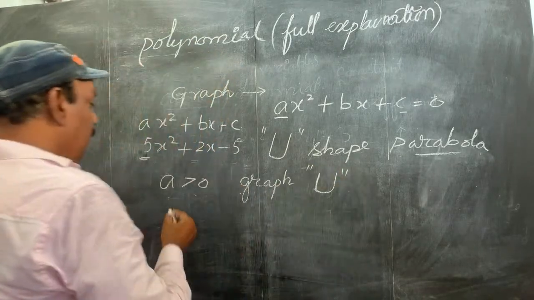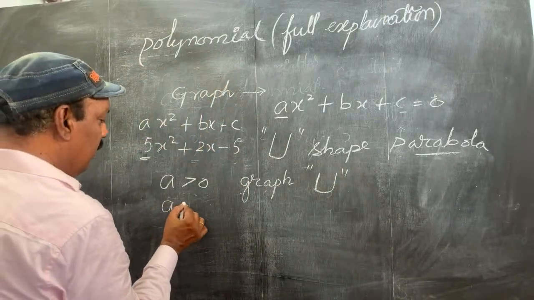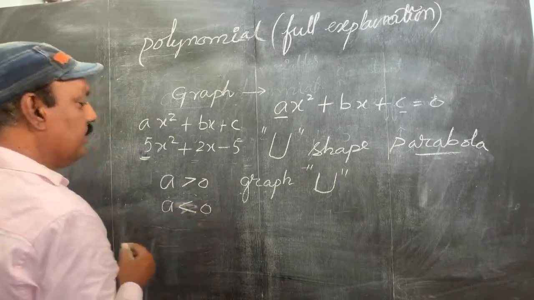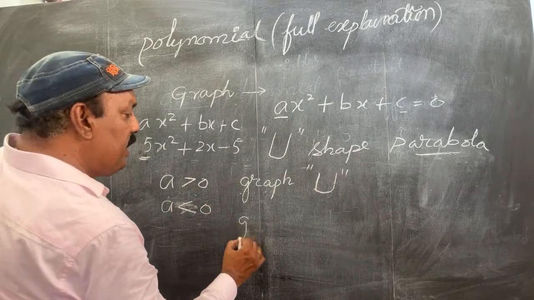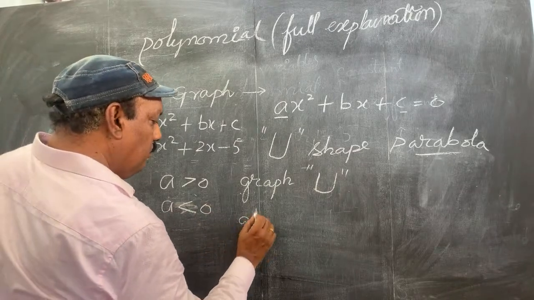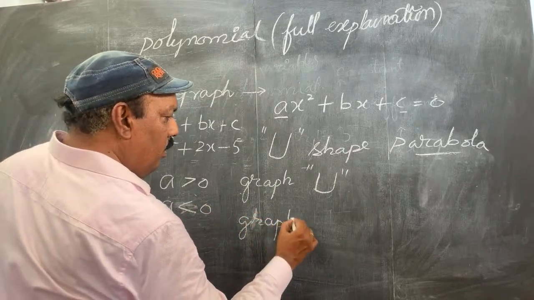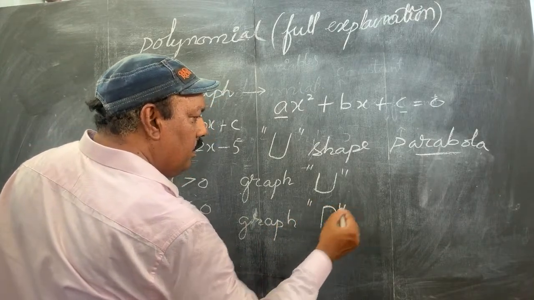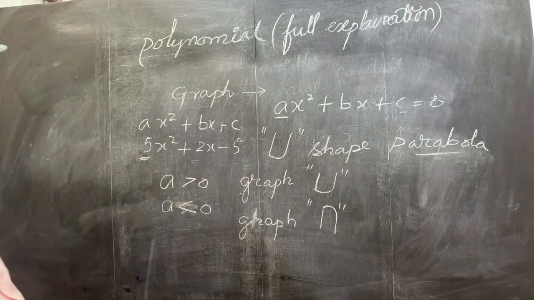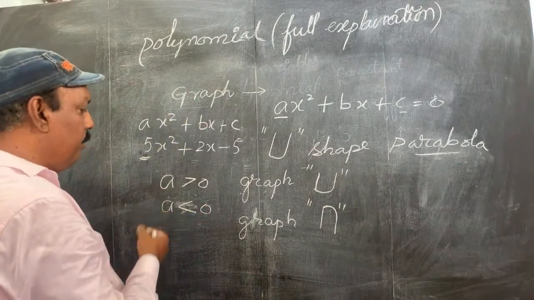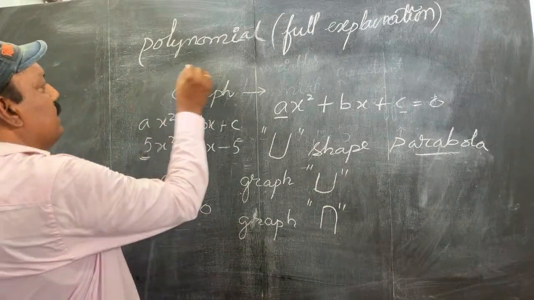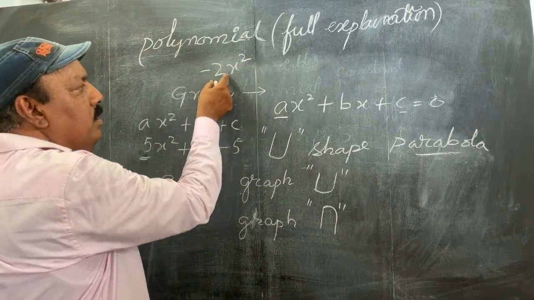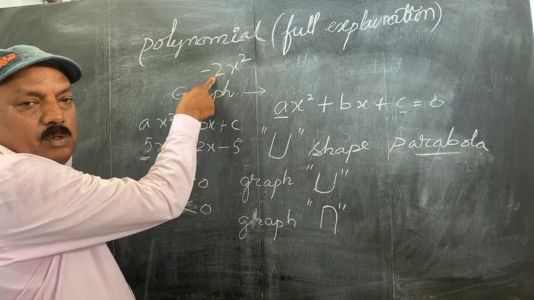like this. If a is less than 0, then the graph shape will be a downward U shape. For example, minus 2x square means the a value is less than 0.